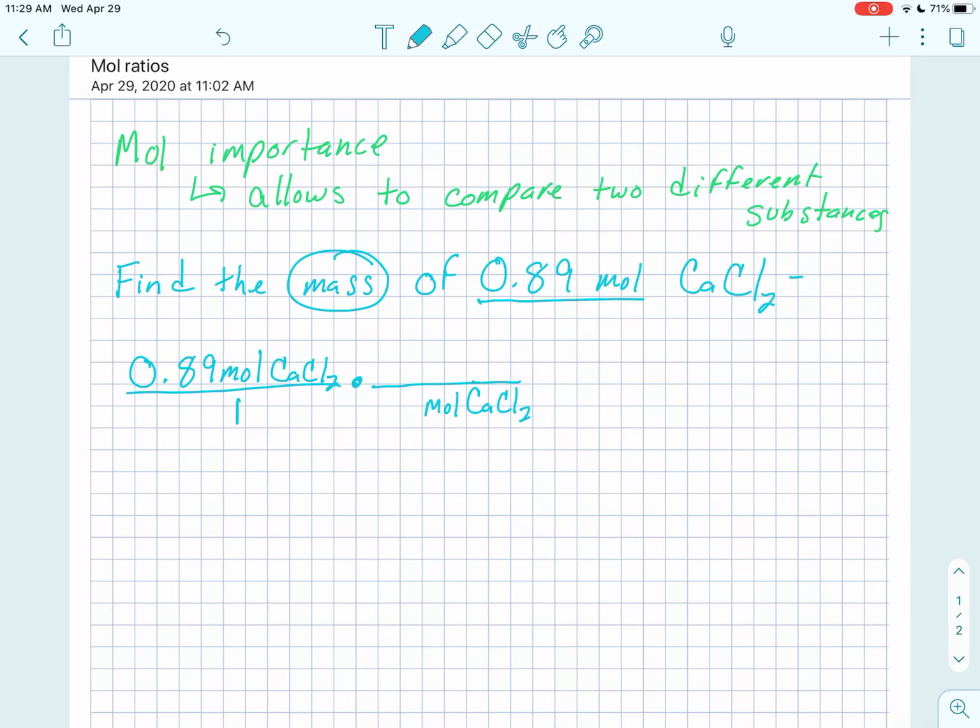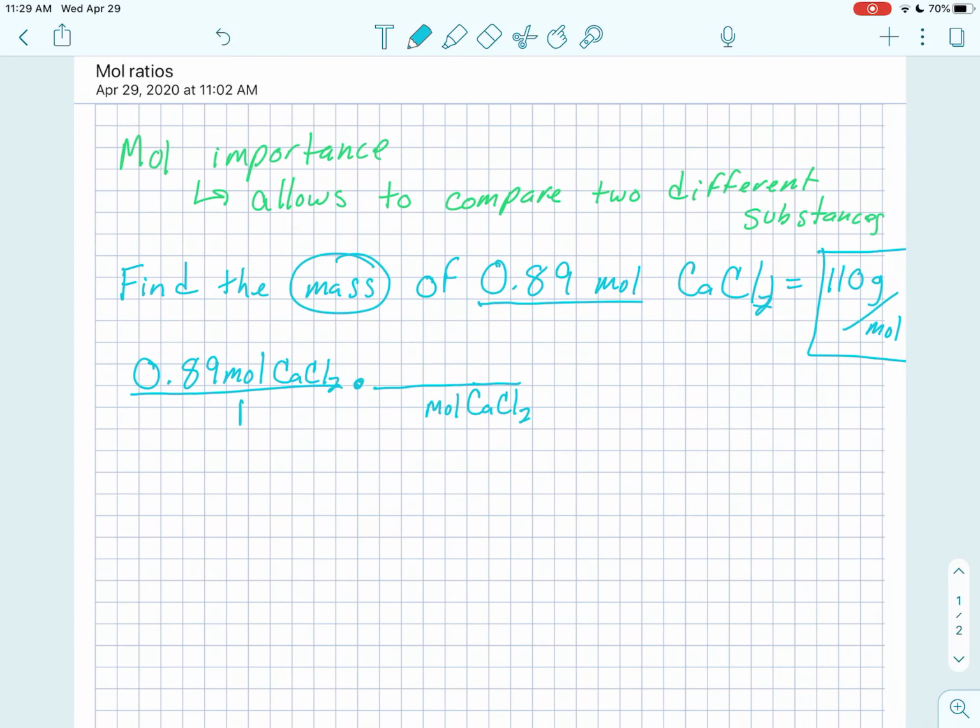So that's going to tell me that the molar mass of calcium chloride is going to be 110 grams per mole. And now that I look at that, that tells me that's a conversion factor. The molar mass will allow me to compare grams to moles or convert grams and moles of a certain compound.